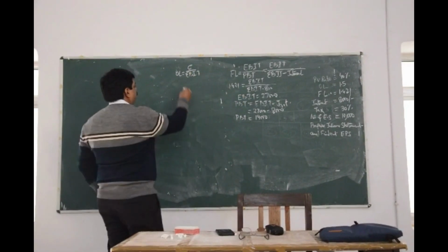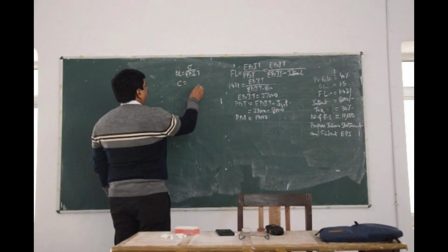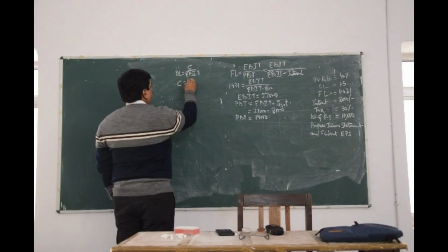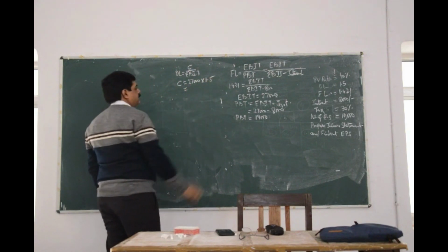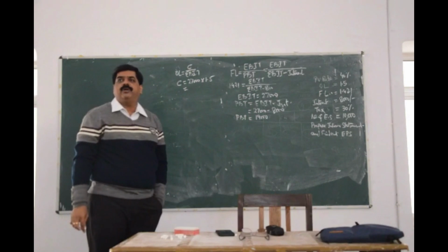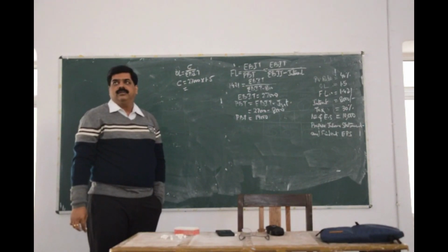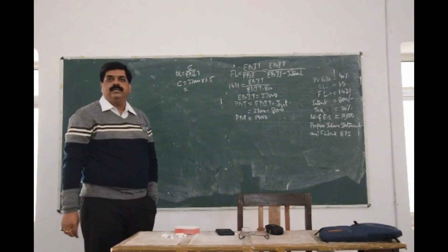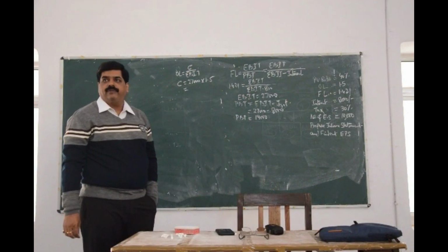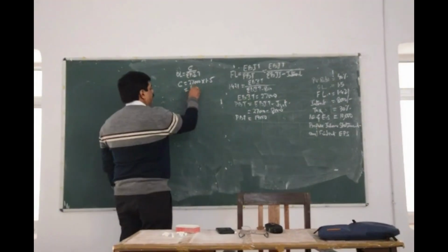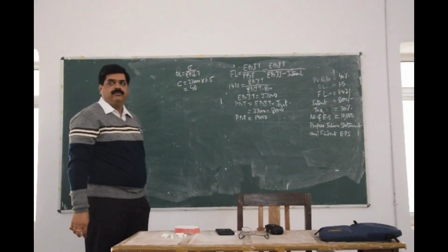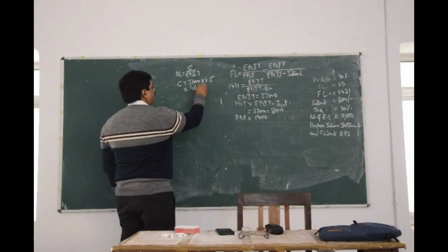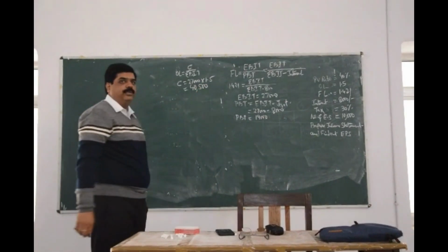That means contribution is OL times EBIT, 27,000 multiplied by 1.5. It will come to 40,500. So this is your contribution.